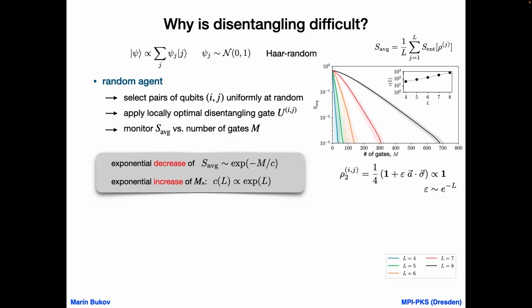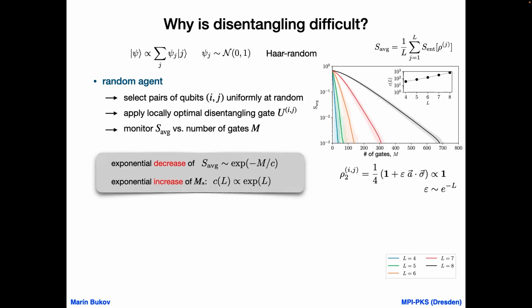Now, if I have a Haar random state, then you can show that Haar random states have reduced density matrices that are exponentially close to the identity. And what this means now is that if I increase the system size and make it bigger and bigger, then I'm going to get exponentially close to the identity.